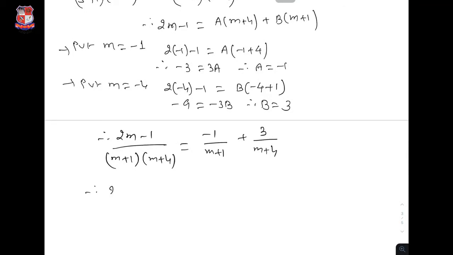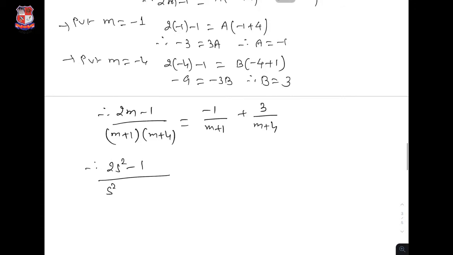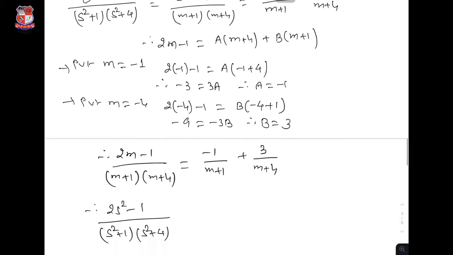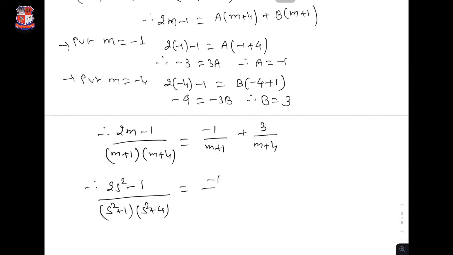So we can write (2s² − 1) over (s² + 1)(s² + 4) equal to −1 over (s² + 1) plus 3 over (s² + 4).